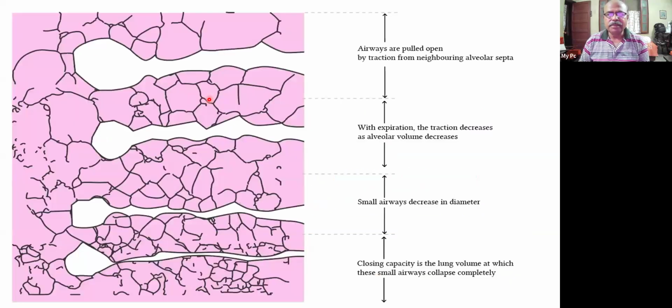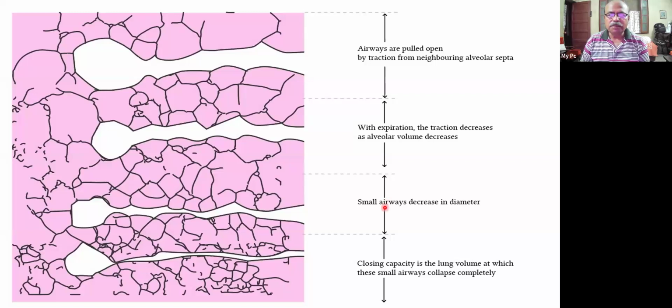Now you can see in this diagram, in inspiration, the airways are pulled open by traction from the neighboring alveoli and the gas is going fine. With expiration, the traction decreases, so the alveolar volume decreases.